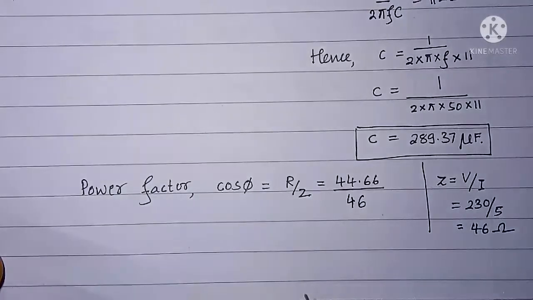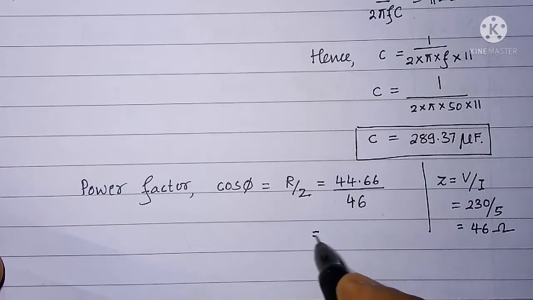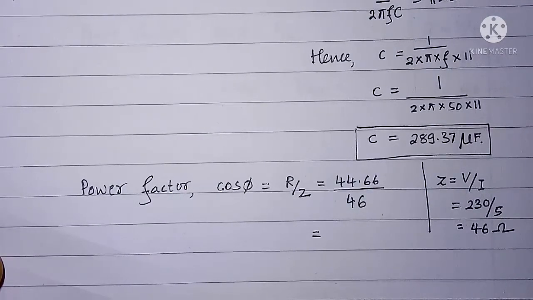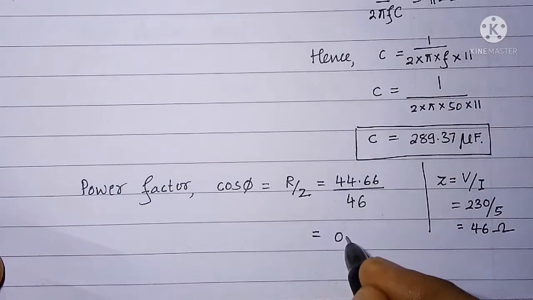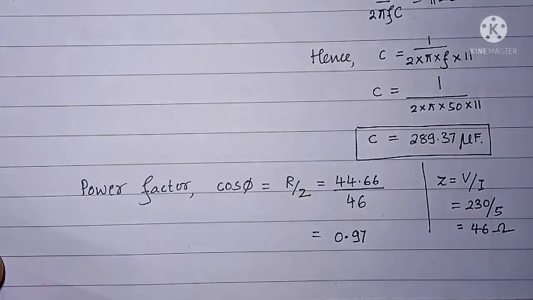So writing here 46, we get on simplification 0.97.